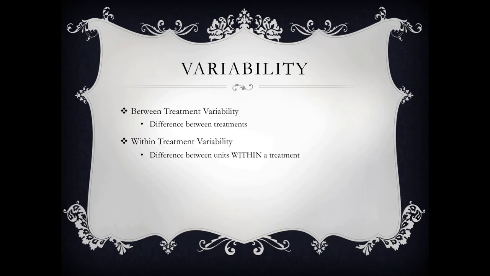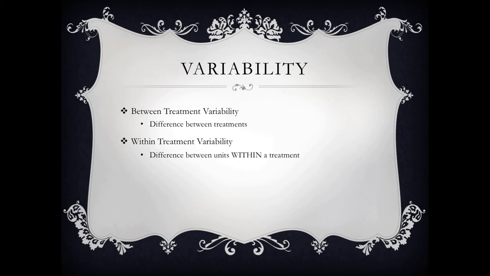The reason why you have multiple subjects is to take into account the variability, including human error, in experiments themselves. So you have two different kinds of variability. You have between treatment variability, which is the difference between the two treatments, and you have within treatment variability, which is the difference between units within a treatment.